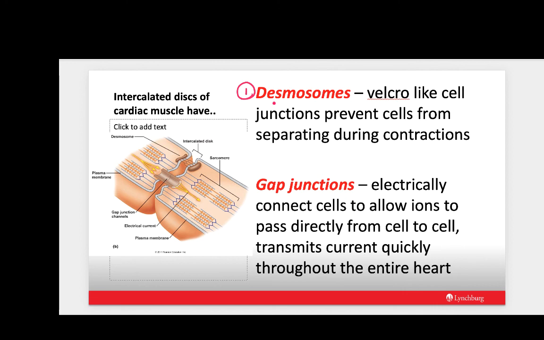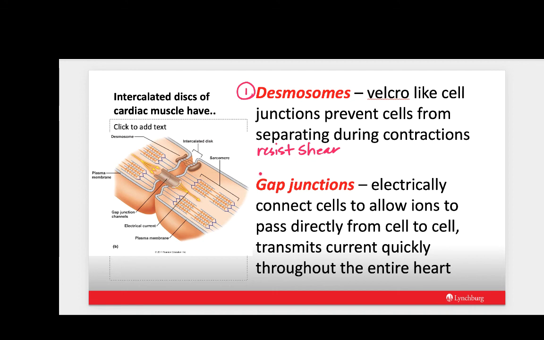In the heart, this is important because the heart contracts, and that creates a lot of force or even shear on this tissue. Desmosomes are important because they resist shear.